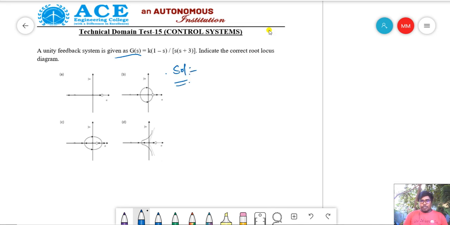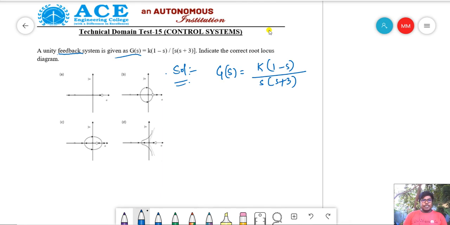Given a unity feedback system, K into (1 minus s) divided by s into (s plus 3). Here it is not mentioned whether the feedback is positive or negative.